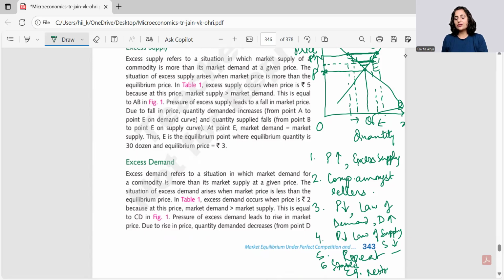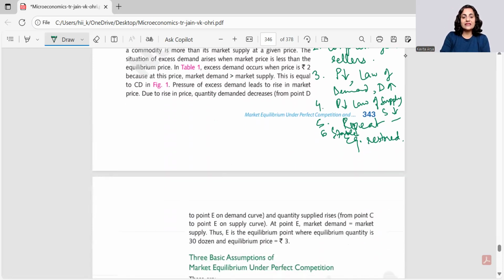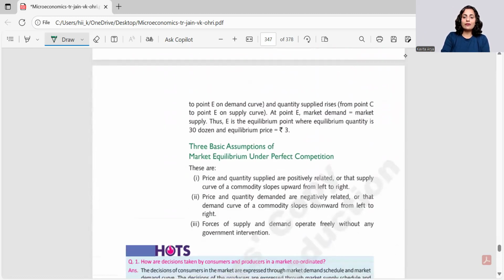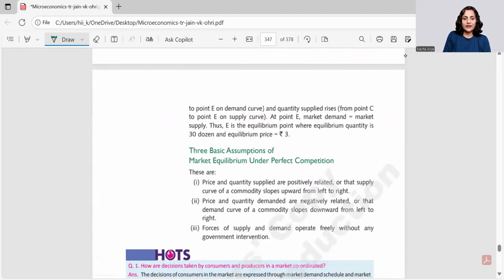And how has it restored? With the help of demand and supply forces only, with the movement or the fall and rise in the prices. Right. On a very similar note, let's talk about the excess demand case now. So when we talk about excess demand, let us plot the same.